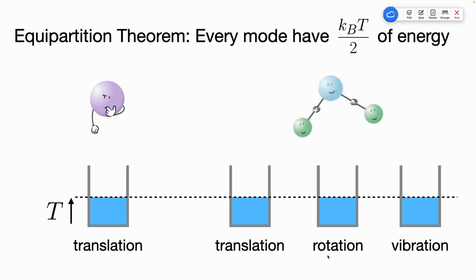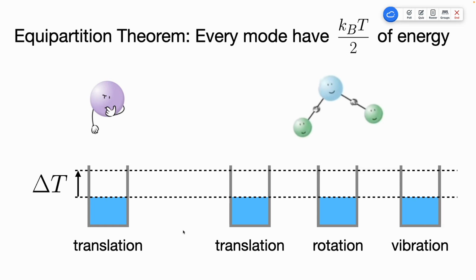So now heat is going into this heat engine, and the heat is turning into the work that rotates the propeller. We'll talk more about it at the end of the lecture. For now, let's focus on the equipartition theorem. Let's say we want to raise the temperature of the gas by a delta T.